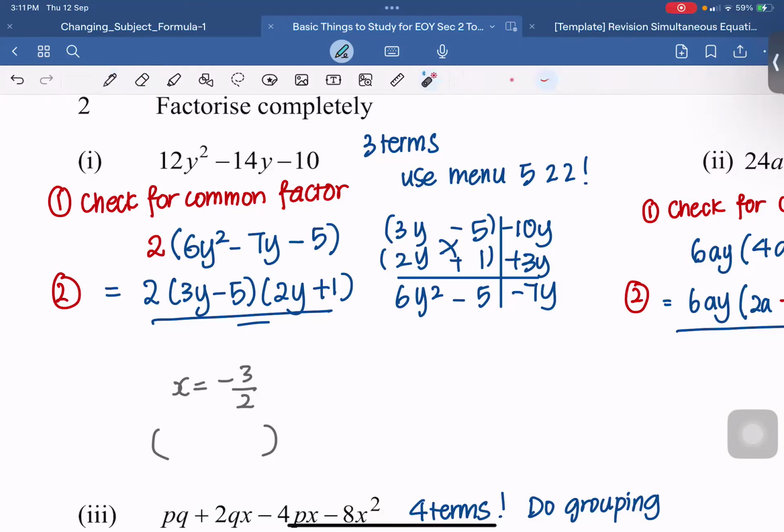If this one is -3 over 2, then this is 3 over 2, so it will be 3. And then where did the 2 go? It's with the x, so it's 2x. Then the 3 is here. This one is negative, so we write it as a plus sign. Is this okay? You must learn a bit.